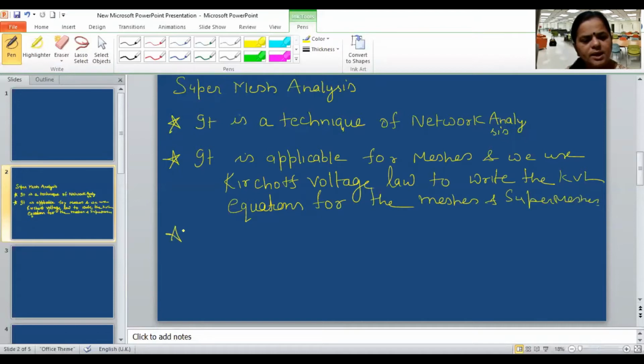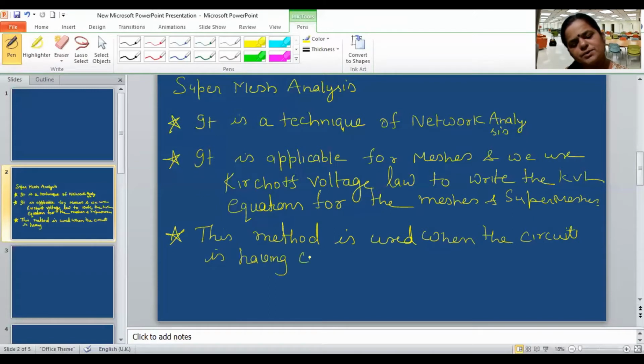The third thing about Supermesh analysis is that this method is used when the circuit has a current source. If the circuit has a current source, then that circuit cannot be solved by mesh analysis. It can be solved only by Supermesh analysis.